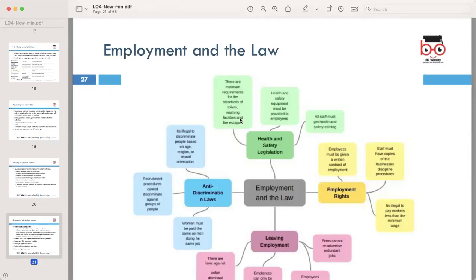Unfairly dismissed employees have the right to appeal to an employment tribunal. Dismissal is permissible only for incompetence or gross misconduct. Anti-discrimination laws stop discrimination based on age, religion, or sexual orientation.